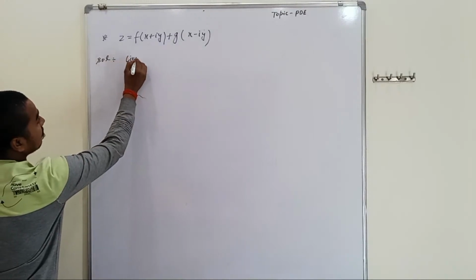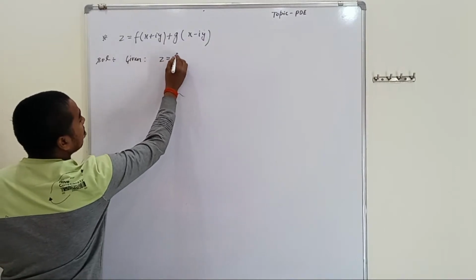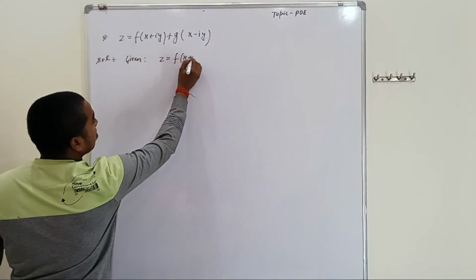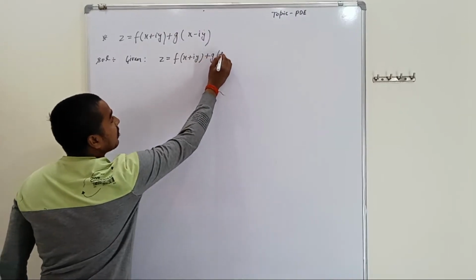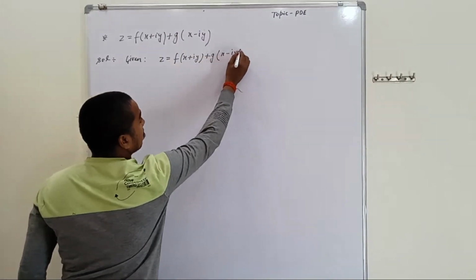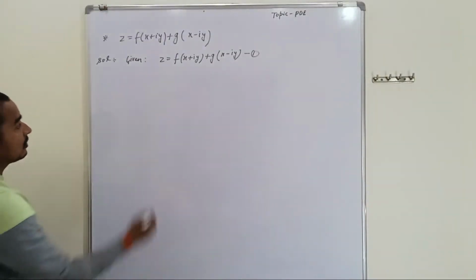Given z is equal to f of x plus iy plus g of x minus iy. Let this be equation 1.